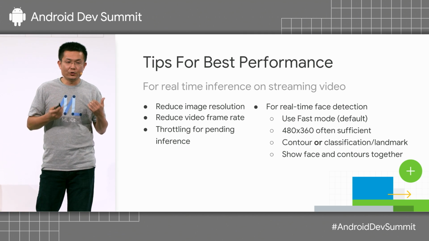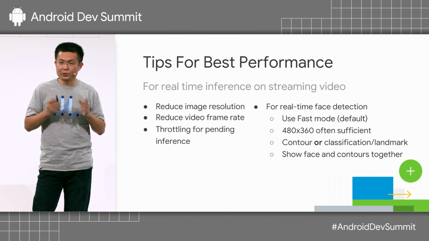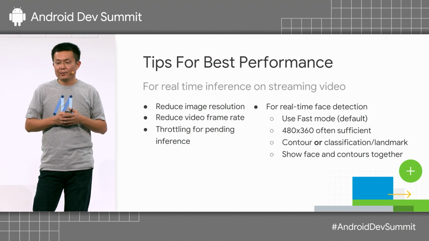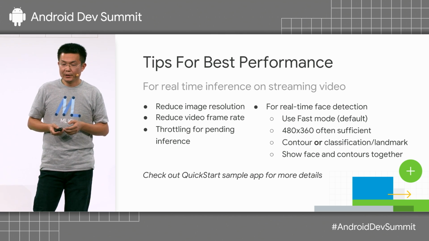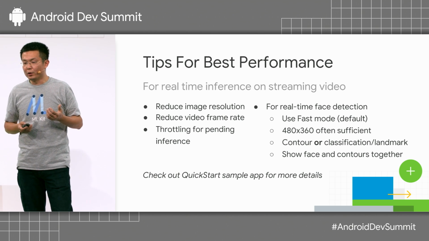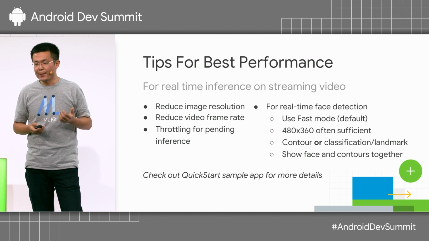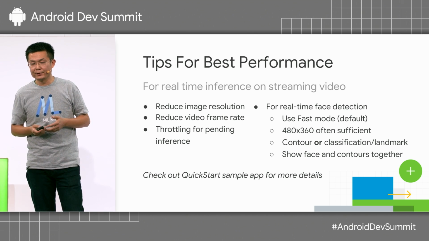Another tip and trick is to wait for detection to finish before rendering the face and contour together. You can check out our online Quick Start sample app on GitHub for more details.